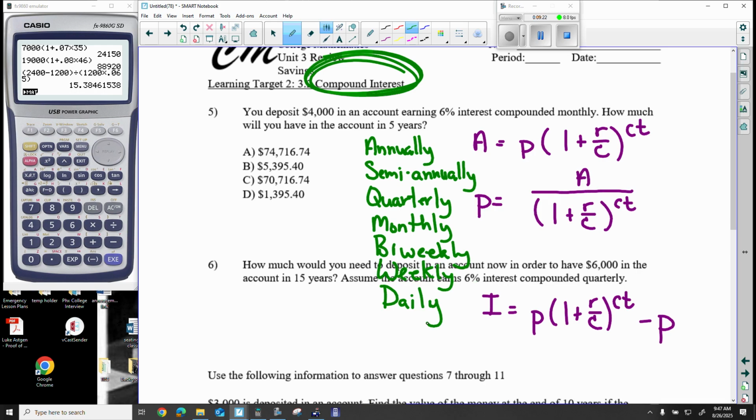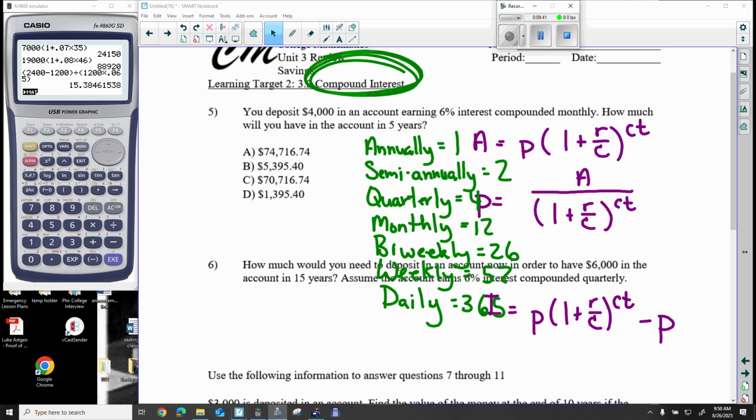What these mean is how many times a year these things happen. Annually is once, semi-annually is twice, quarterly is 4, monthly is 12, bi-weekly 26, weekly is 52, and daily is 365.